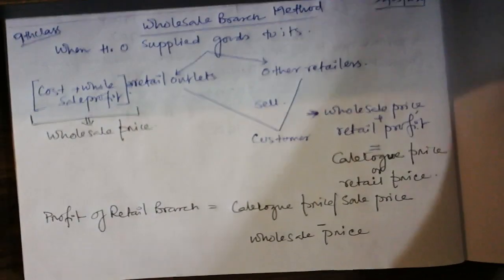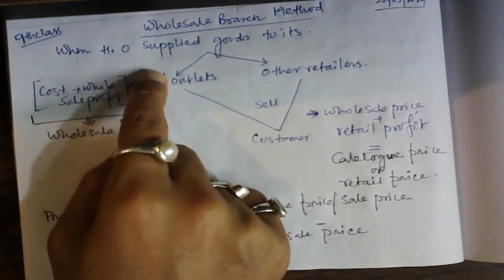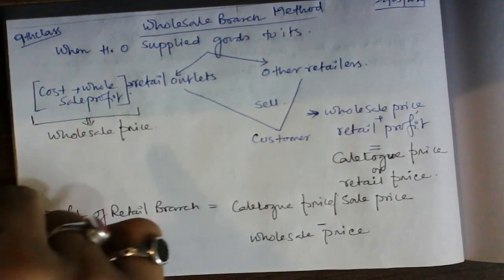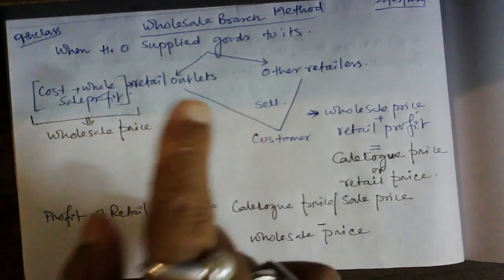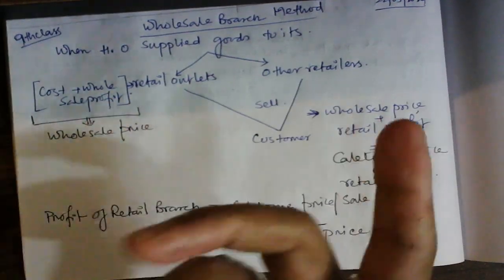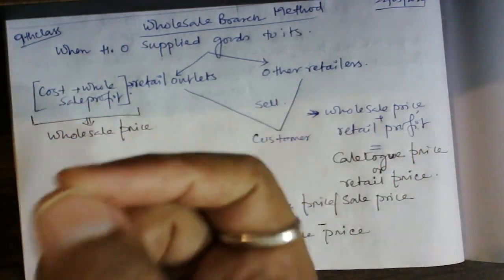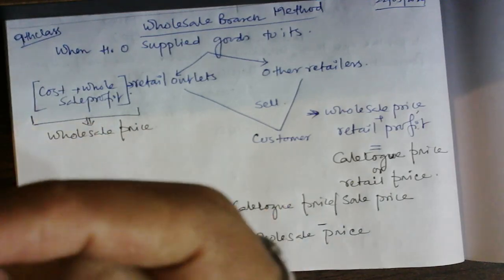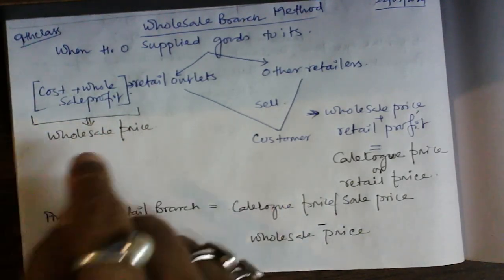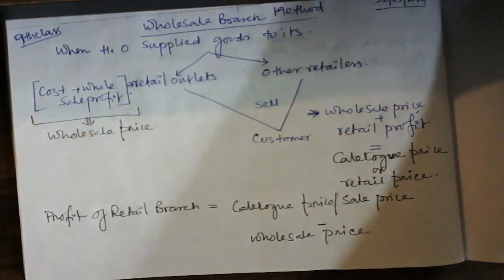Now, if we are going to calculate the profit of the HO, definitely, if wholesale price is equal to cost plus wholesale profit, then wholesale profit is nothing but the wholesale price minus cost. Pretty easy. That's all.